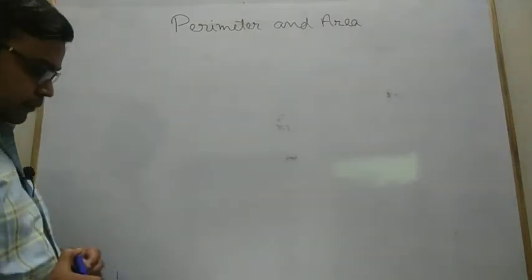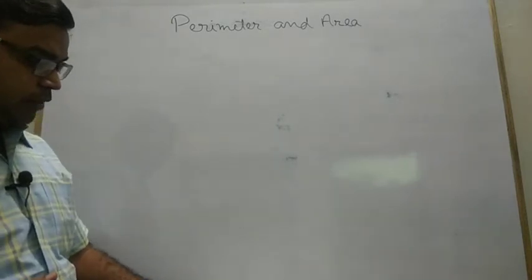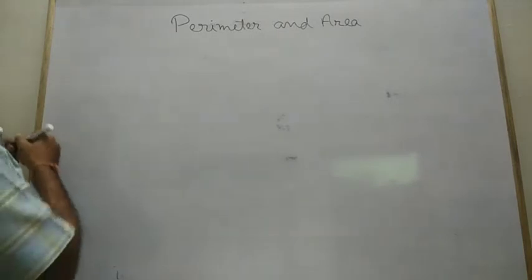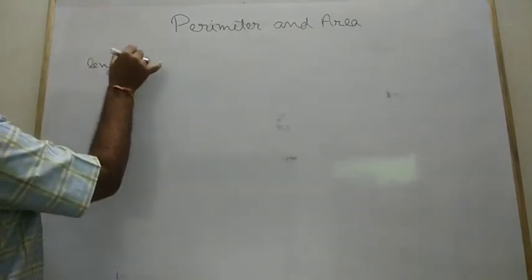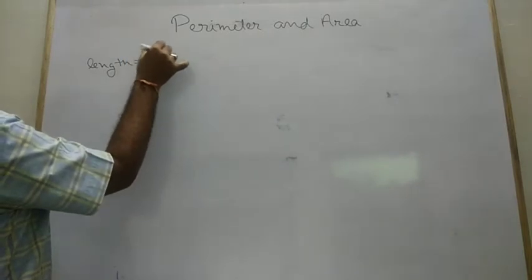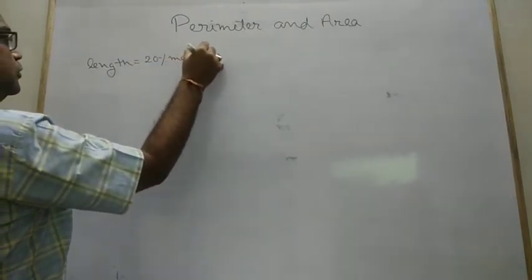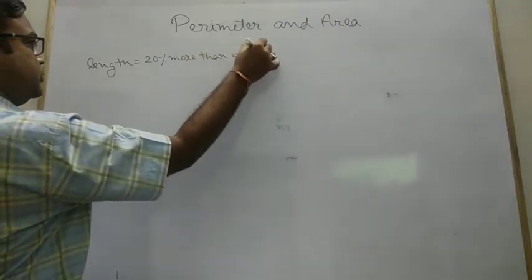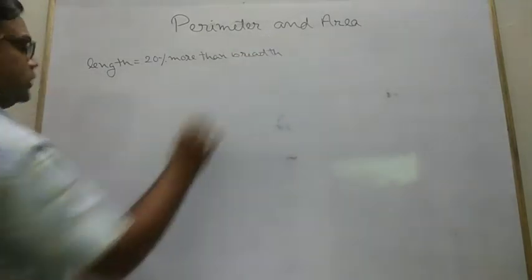Now one more interesting question we have. The length of a rectangle is 20% more than its breadth. Very interesting question. All questions are interesting. 20% more than breadth, this is given to you.